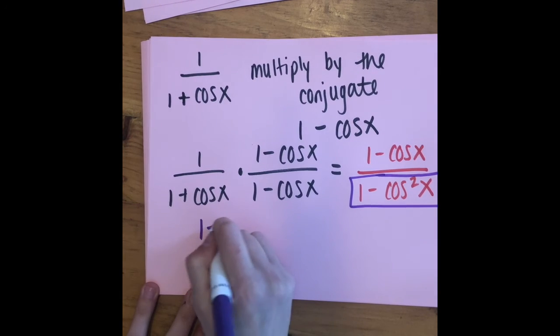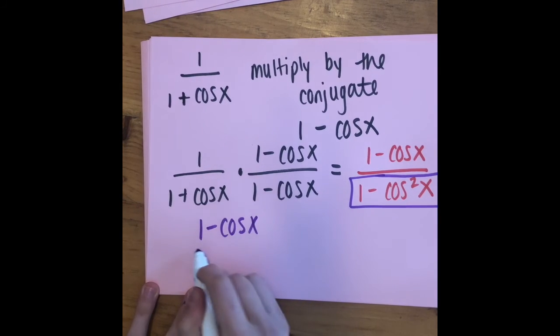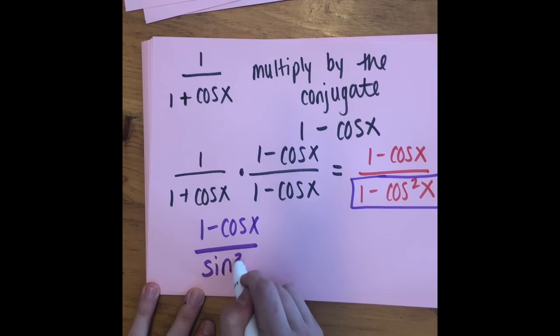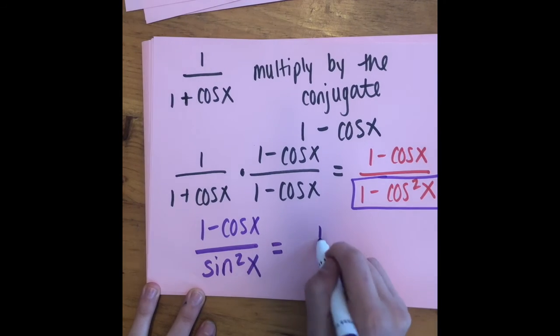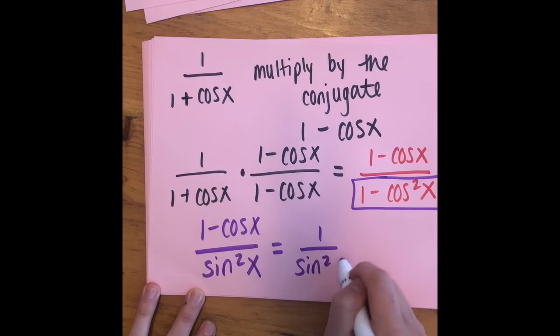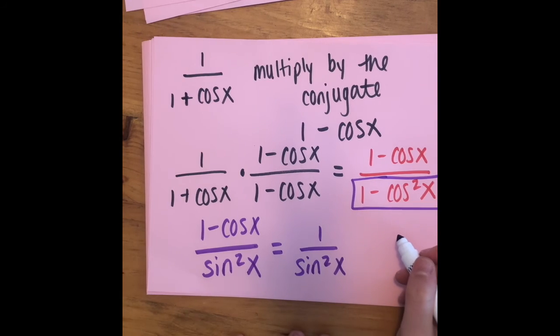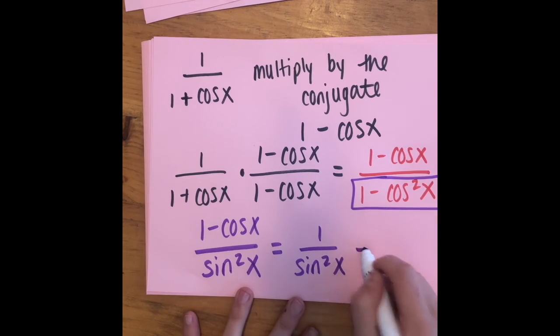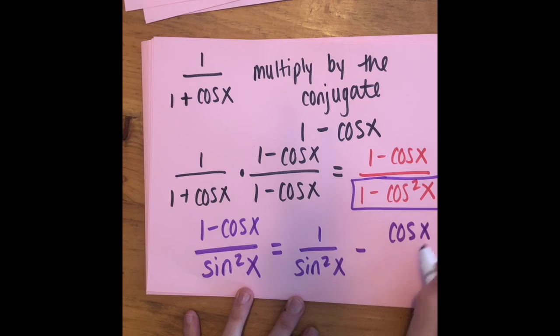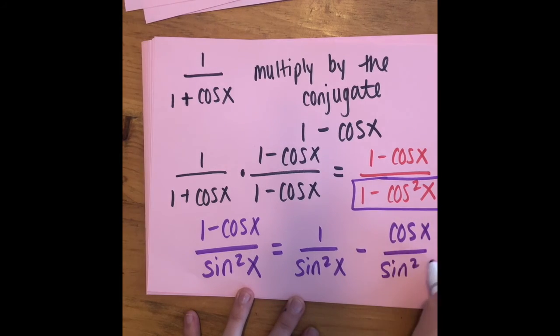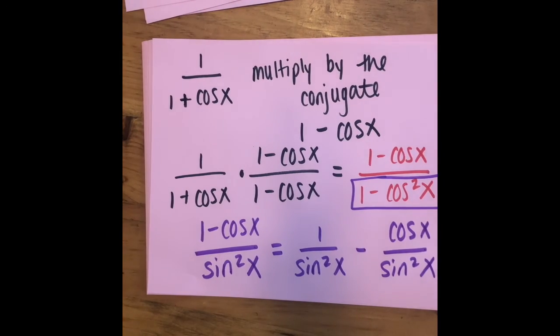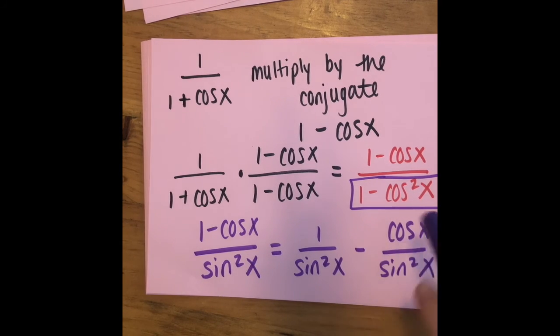So I have 1 minus cosine of x over sine squared of x, which is really just 1 over sine squared x minus cosine x over sine squared x. So just like you can put subtraction together, you can also break it apart. So I have 1 over sine squared x minus cosine over sine squared x.